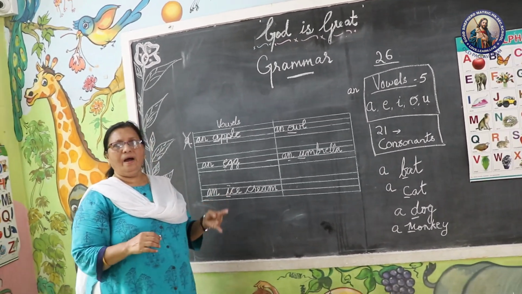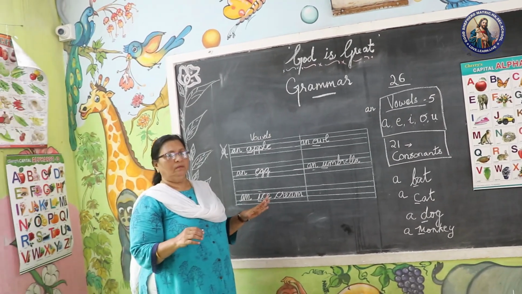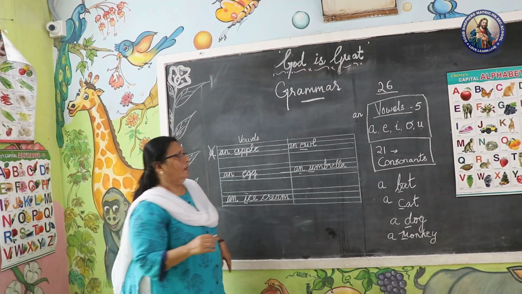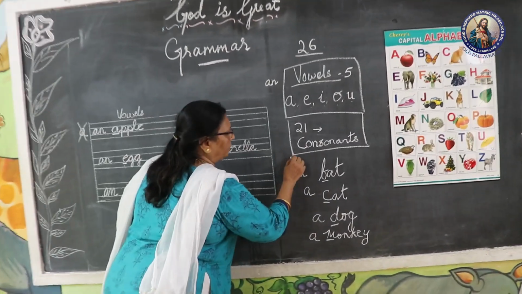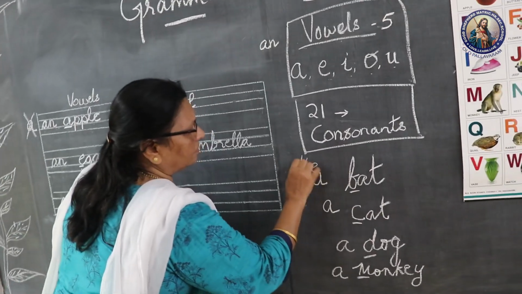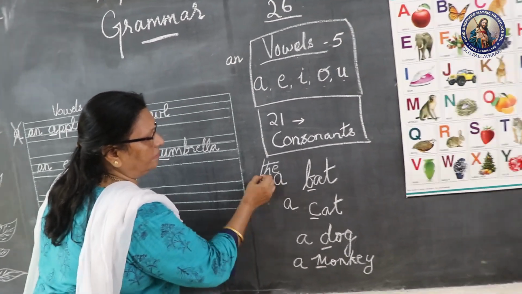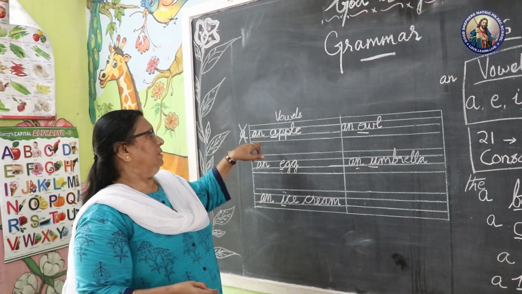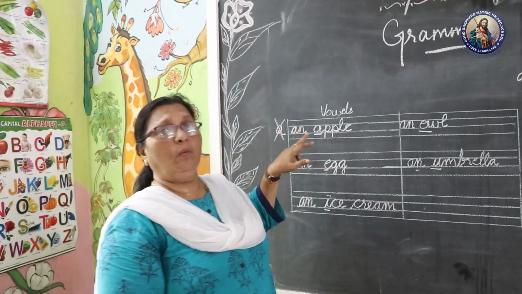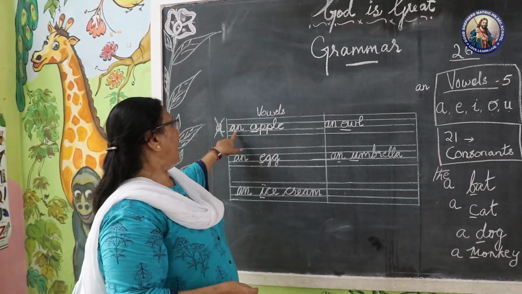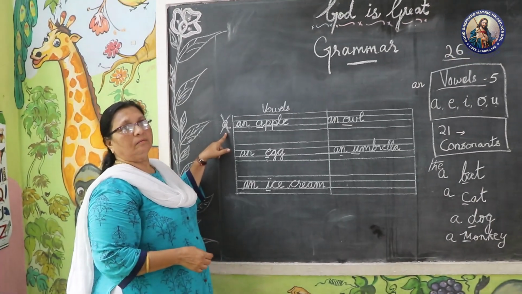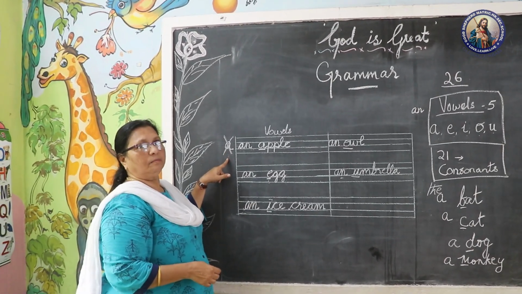A, E, I, O, U are vowels. The rest are consonants, and they all start with a bat or the bat, a cat, the cat. But these vowels for singular words will start with an and not a.